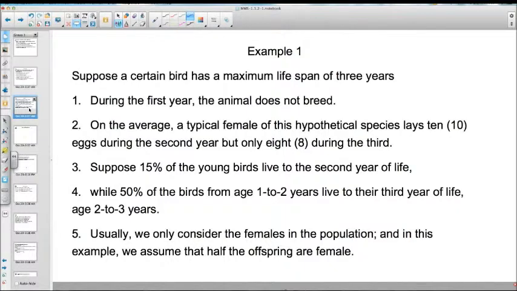And for the birds in the second to the third year, it will lay 8 eggs on average. Then we suppose 15% of young birds from age 0 to 1 will survive and live on to the second year of life. And 50% of the birds from the second year will live on to the third year of life. That's the last stage of life.